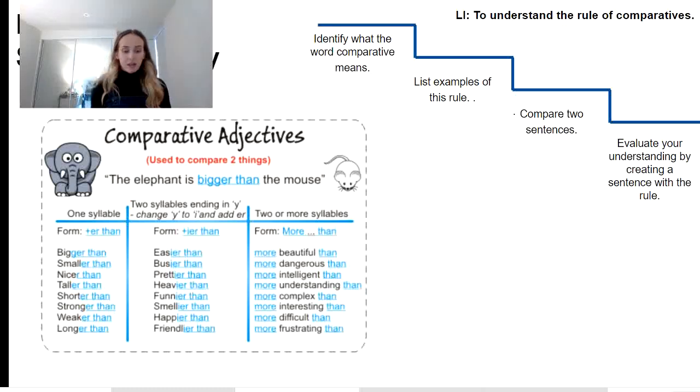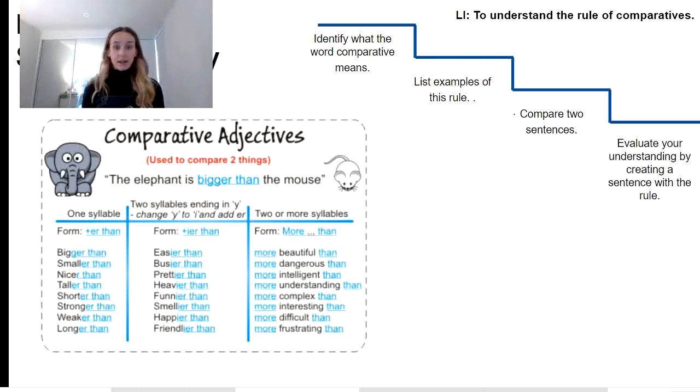Okay, so the rule is that you add er at the end of the adjective, and this makes it a comparative adjective because you're immediately comparing two things to each other. So some examples are smaller, nicer, taller, shorter, stronger, and so forth.